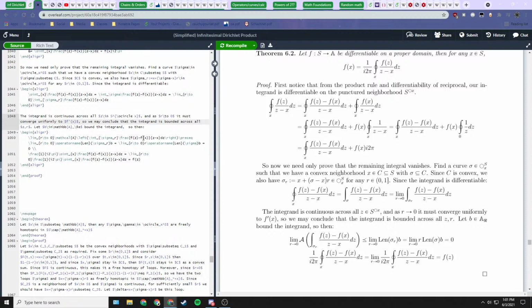Yes, and then we just find a bound, and we bound the length of the loop that goes to 0. Yes, okay.